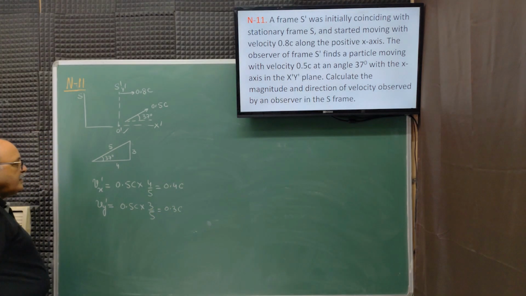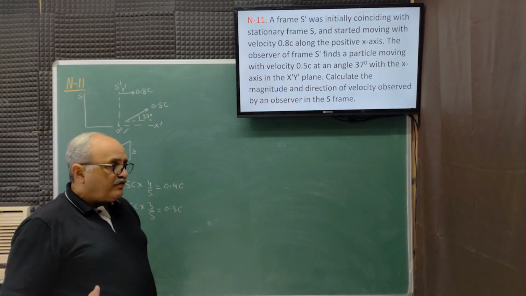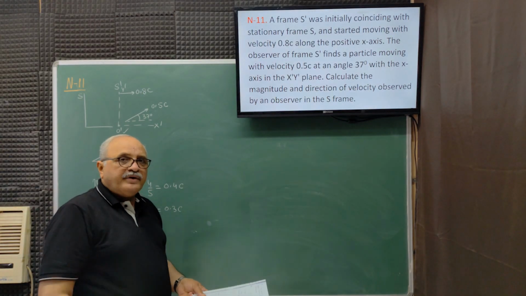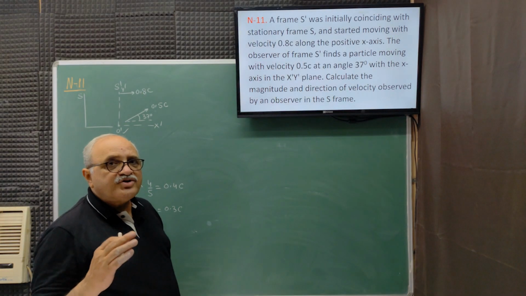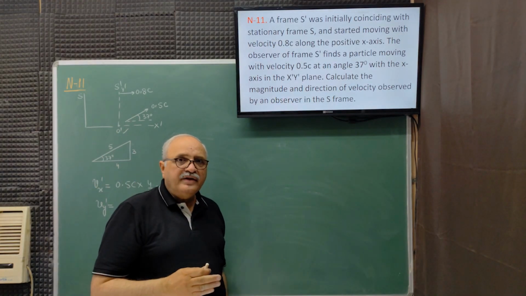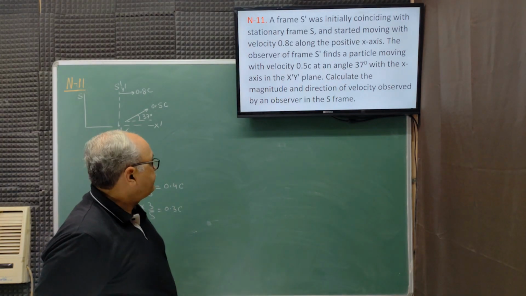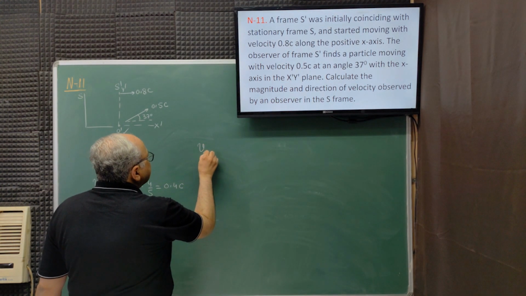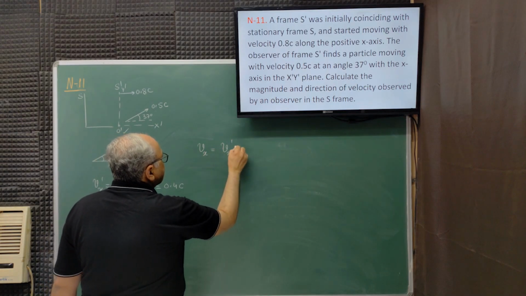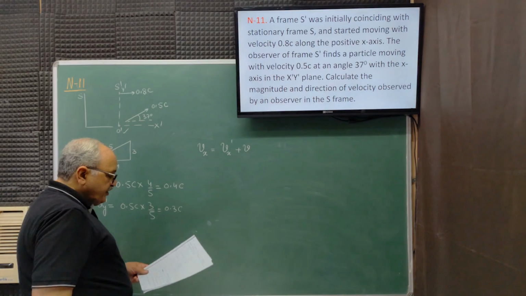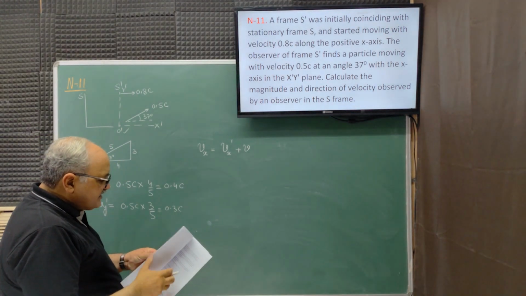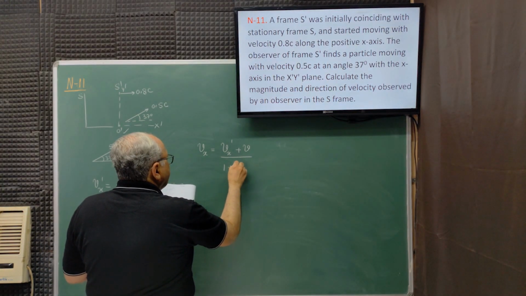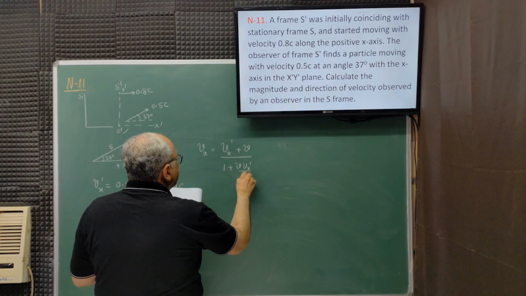But because of the velocity transformation, which is applicable for the x component as well as for the y component, although there was no such transformation for the position coordinate, for velocity it's there because of the time transformation. So let's write down the reverse transformation equation for the velocity: vx equals (vx dash plus v) divided by (1 plus v vx dash divided by c square).